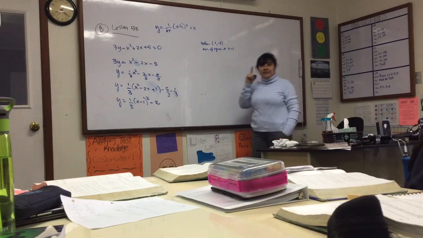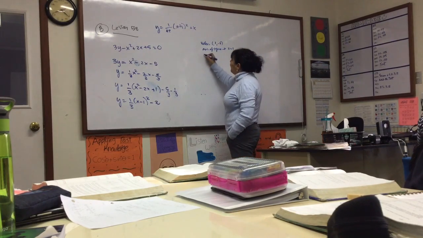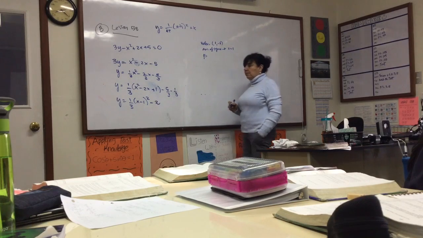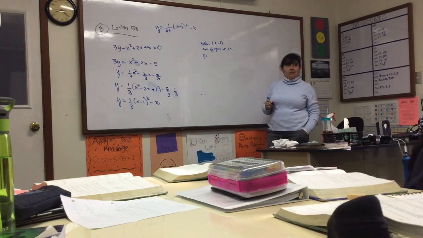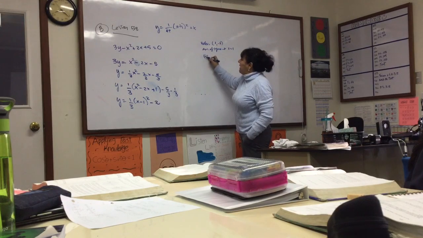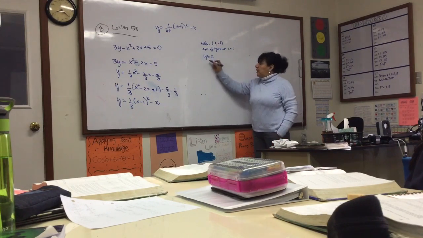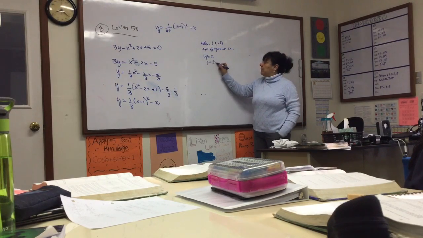You can't say just 1. It's got to be x equal to 1 because it's a line. Okay? Or it's an axis. P. We know that 4p equals 3, right? The whole thing equals 3. So p equals 3/4. Okay.